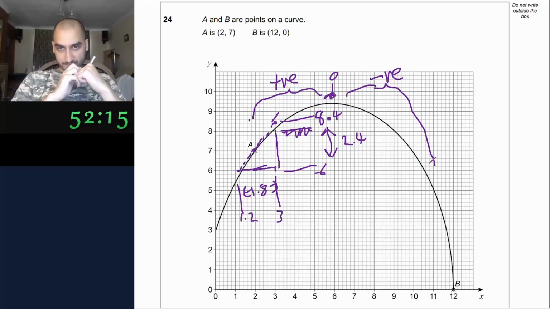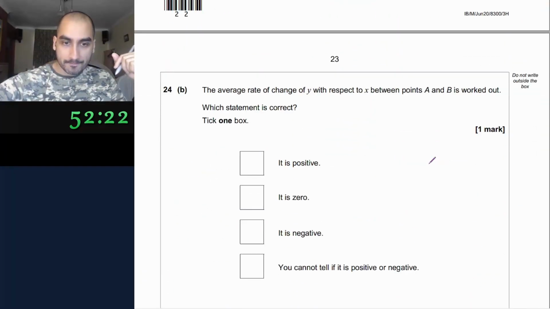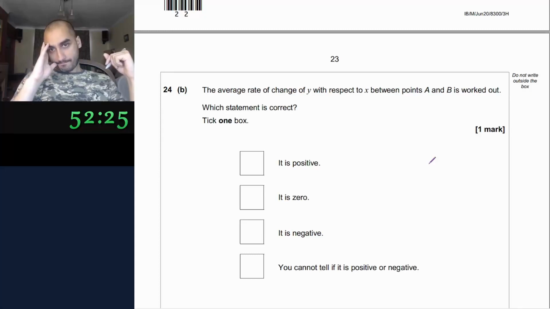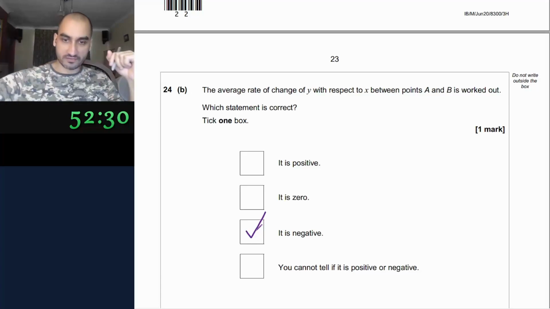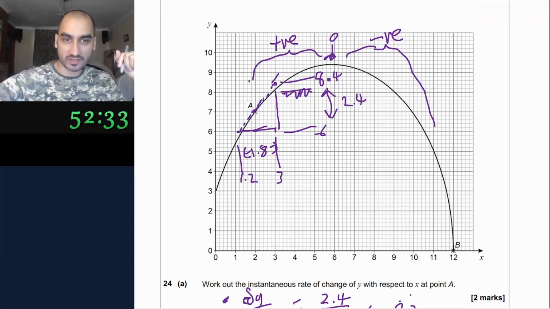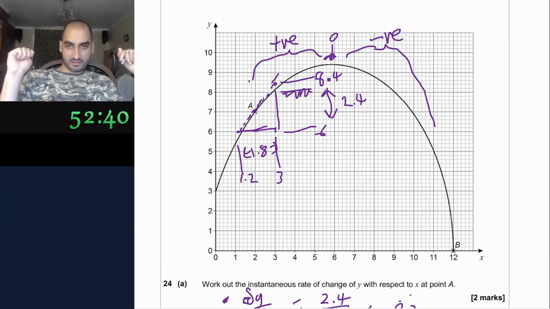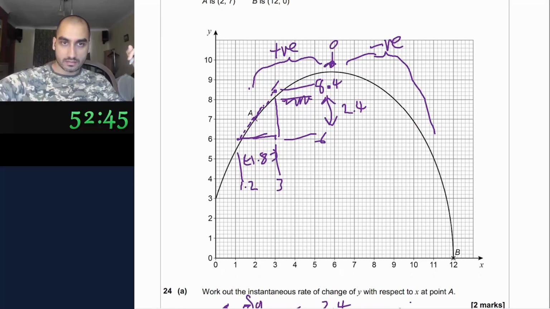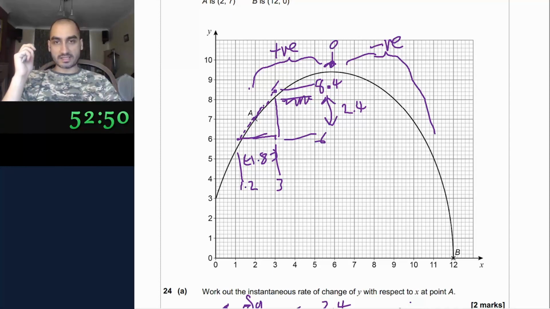I mean, is this a symmetric curve? I would say it's overall negative. You cannot tell if it's positive or negative. Well, technically, you can't. But you sort of can. It sort of seems clear that there's a lot more.